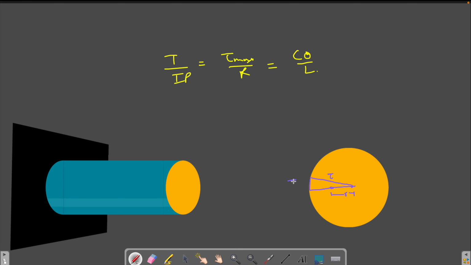It is tau max over here and it is tau over here. So you can write T by IP is equal to tau max by R is equal to C theta by L, and that is equal to tau by small r. So hope this helps. This is one of the most important equations in torsion, in strength of materials.